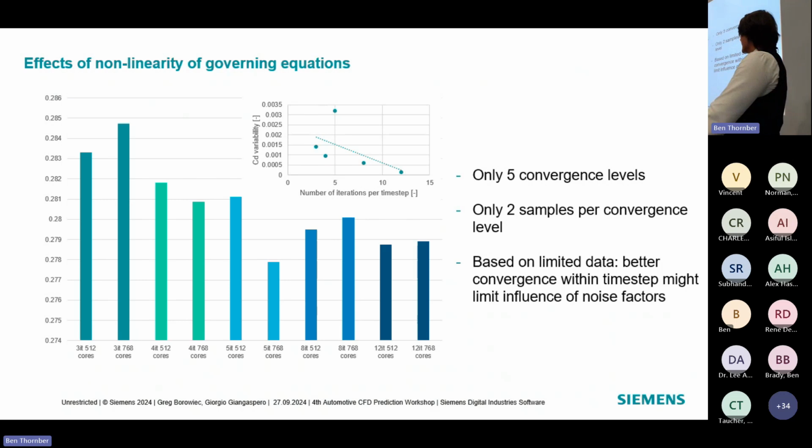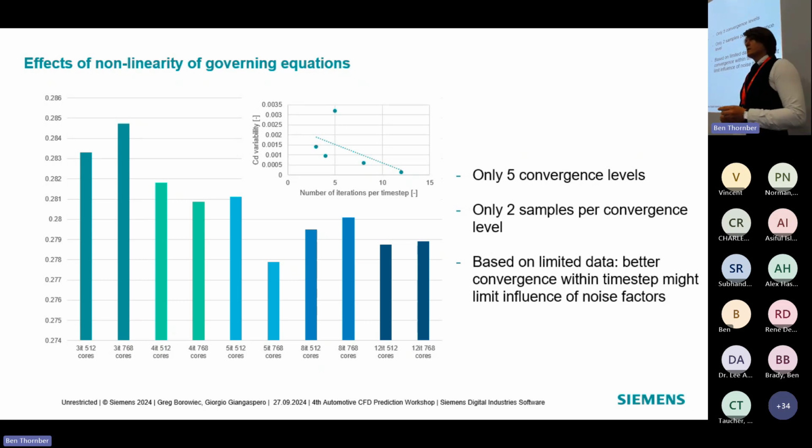The next plot shows results of a study where we ran a different number of inner iterations with a different number of cores. We can see that there's a clear trend when we converge the solution more, as is expected from such convergence studies.